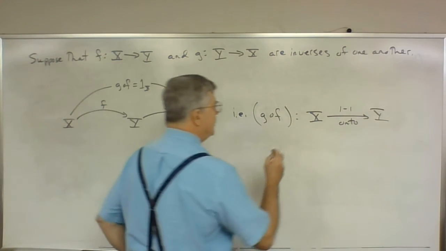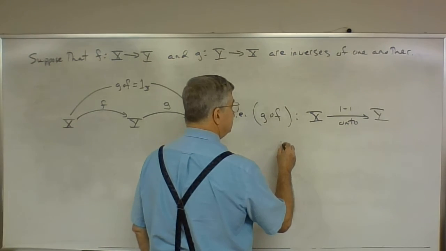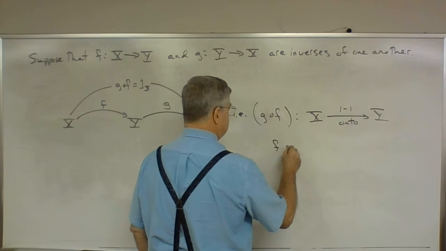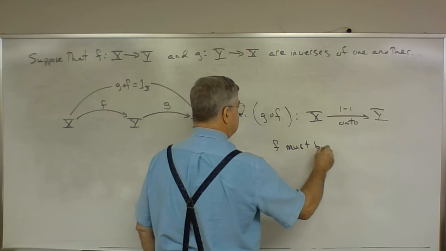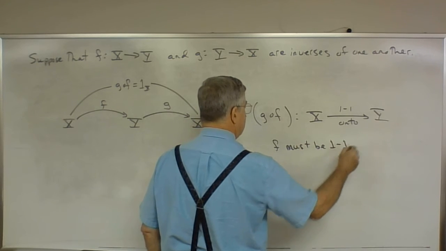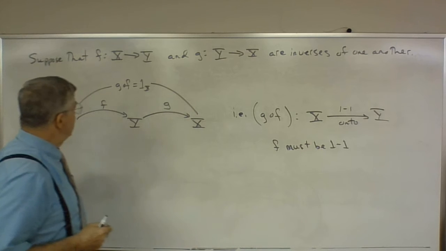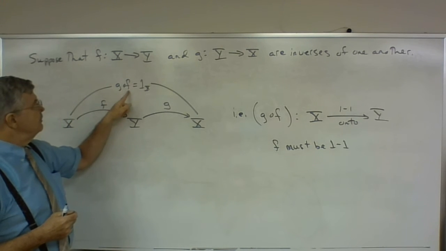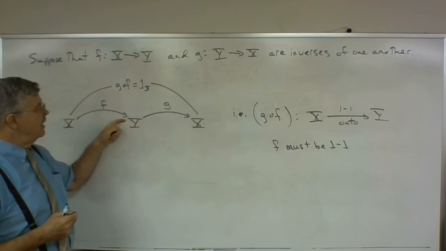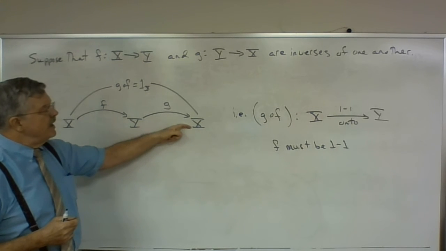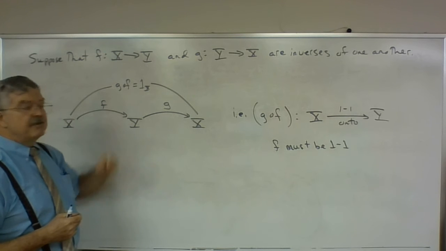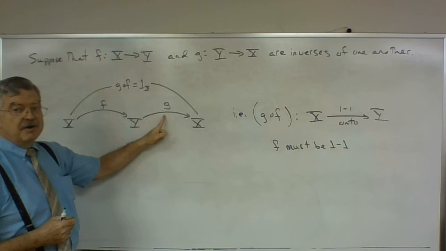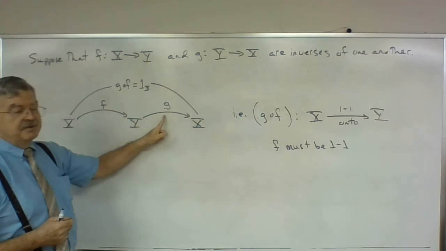So f has to be 1 to 1. And we have the composition of functions, g composed with f, where f goes from x to y, and g goes from y to x. The composition is onto, the second function always has to be onto, doesn't it?